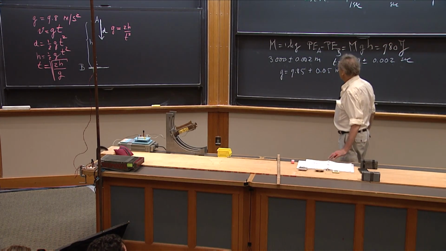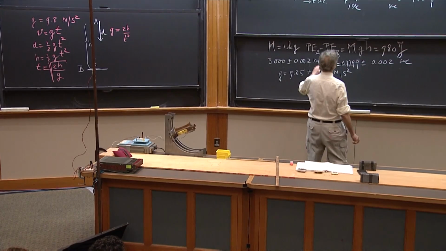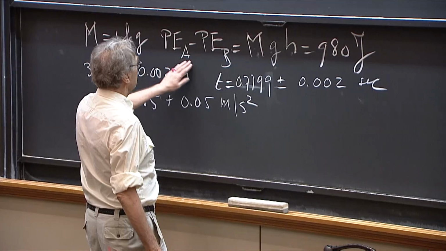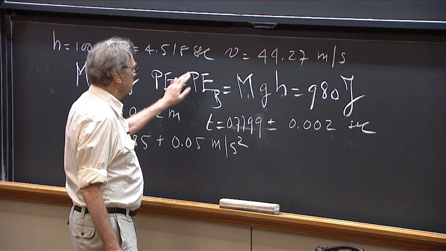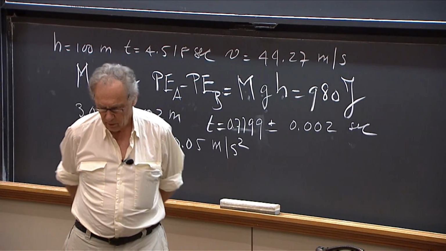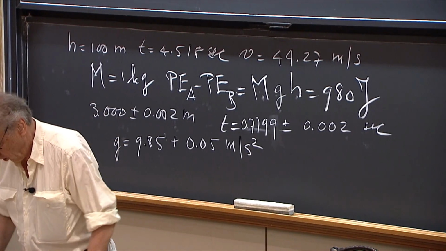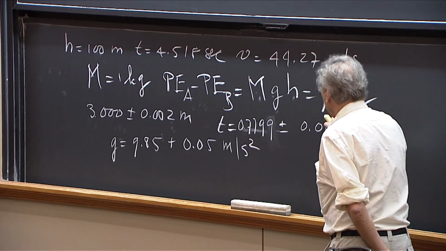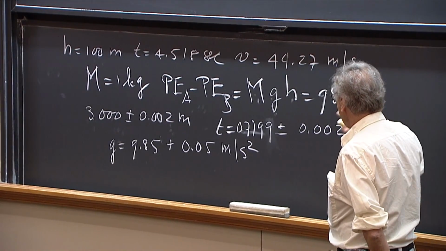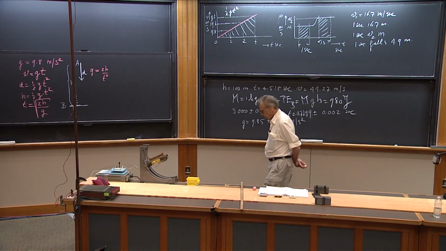I'm going to return to my case, whereby I have h equals 100 meters. Where is that? That is here. The object falls over a distance of 100 meters, and we know that the gravitational potential energy difference between A and B is 980 joules.